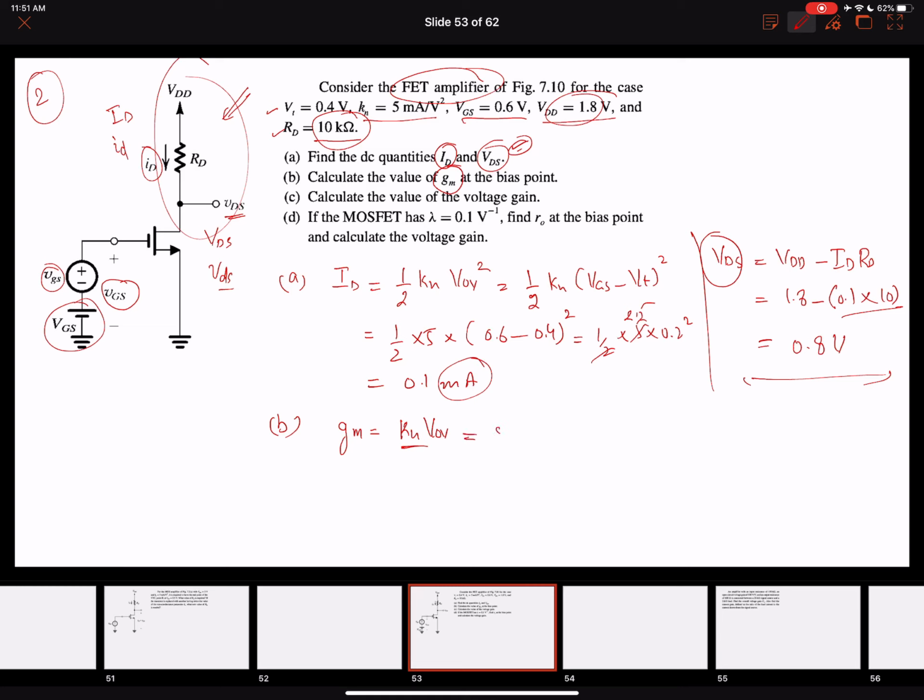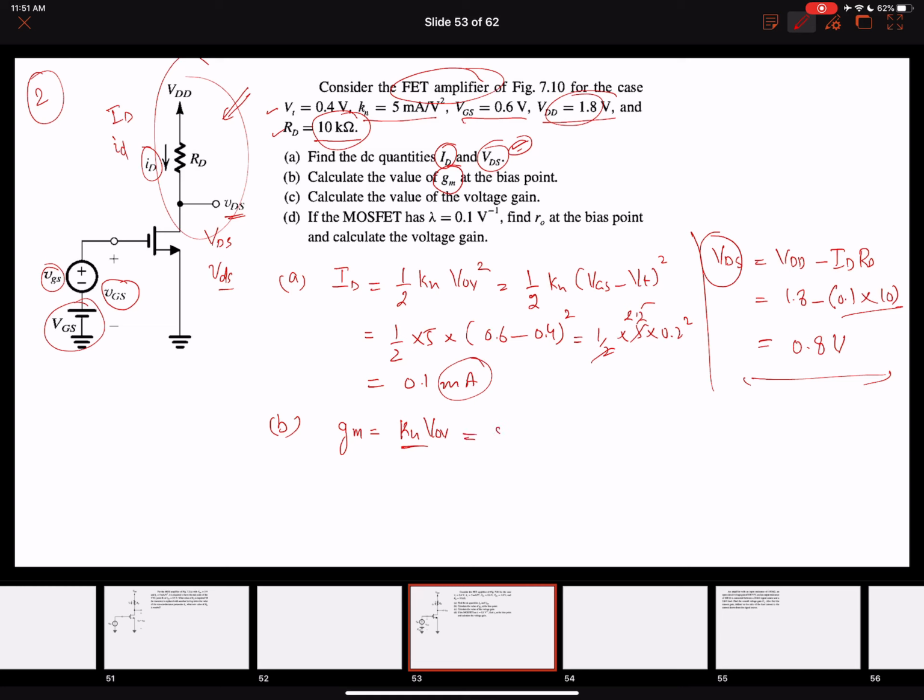Okay, now again going back, if you remember when we were drawing these equivalent circuits in this figure, we started with this, we said that our output resistance is infinite because in the saturation region our current does not increase, there is no channel length modulation effect, resistance was infinite, slope was 0.